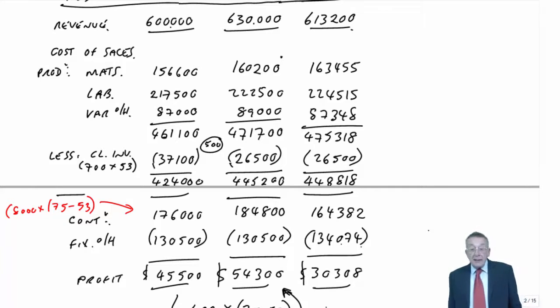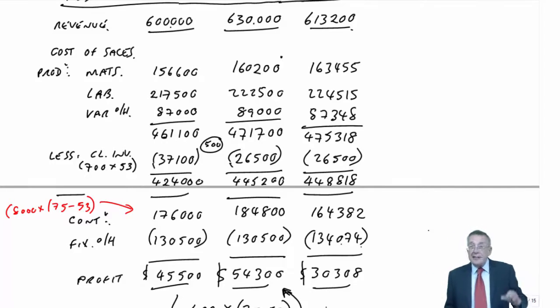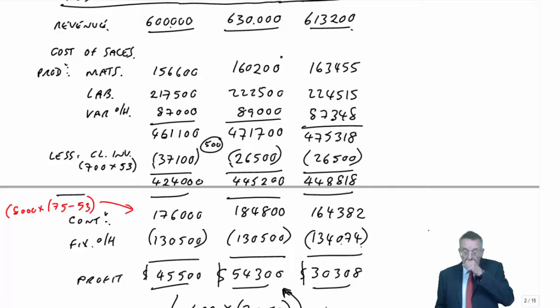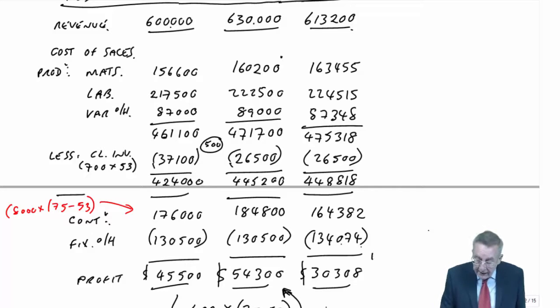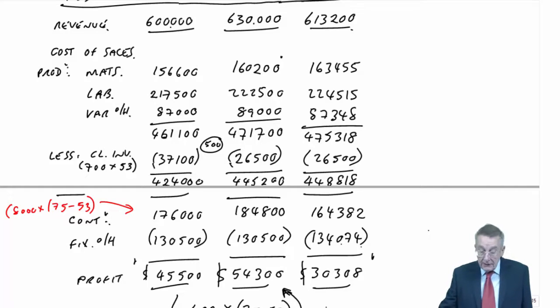Now, I said at the beginning the purpose of this exercise is ultimately to find out why the actual profit is different from the budget. Why did we only get 30,000 profit when we budgeted on 45,000? Well, we already know one reason. One reason is we sold more units.